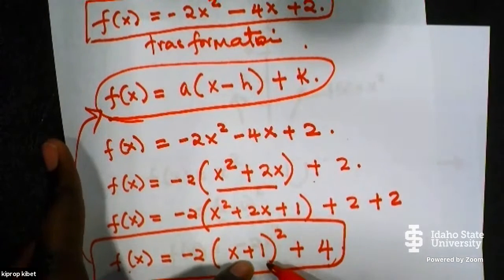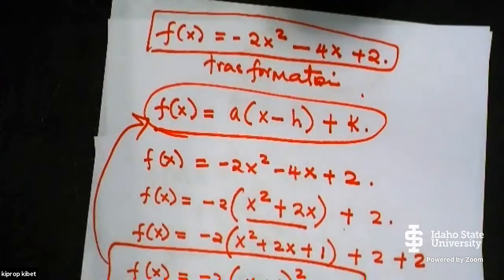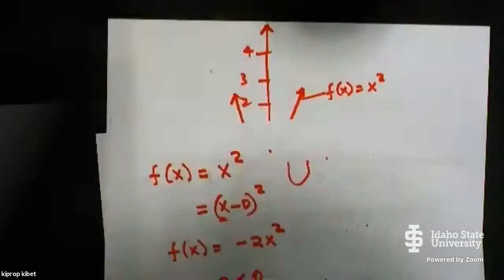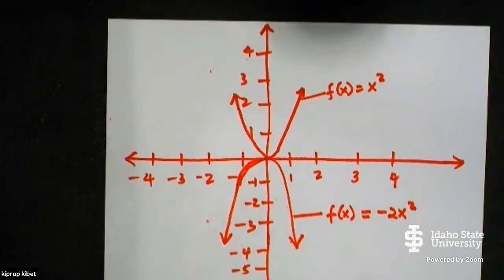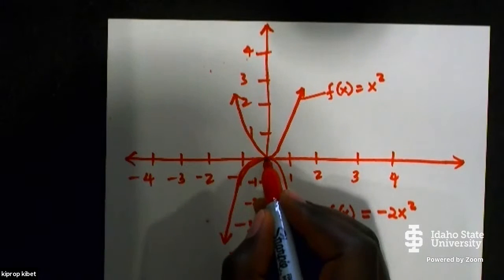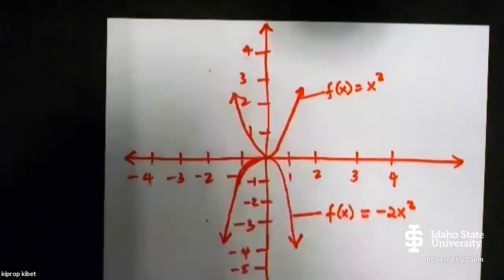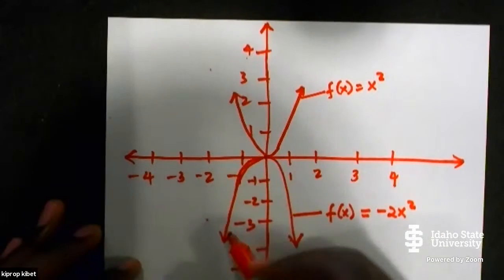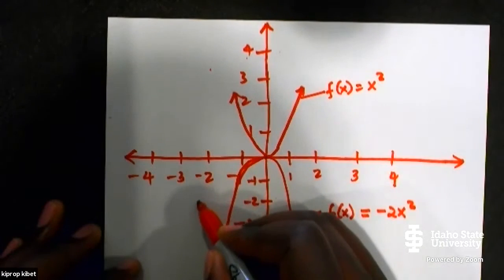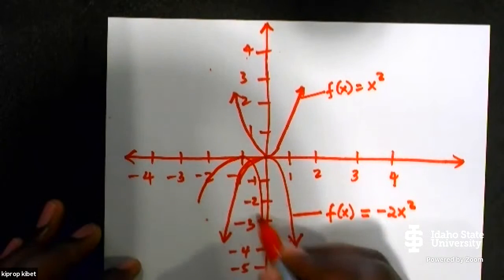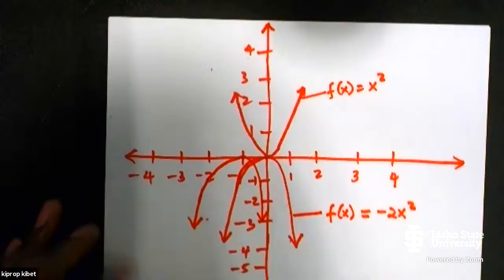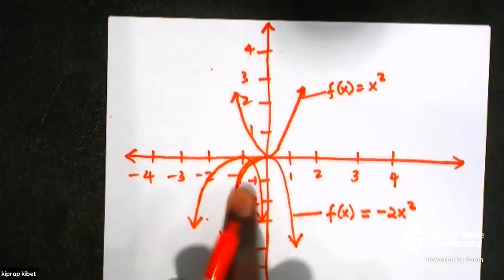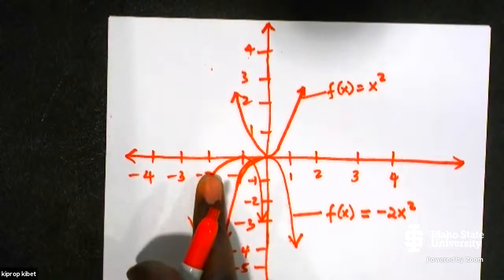If it is minus 1, then we go one step to the left. So in our graph, this point will transfer to this point. That is our next transformation.